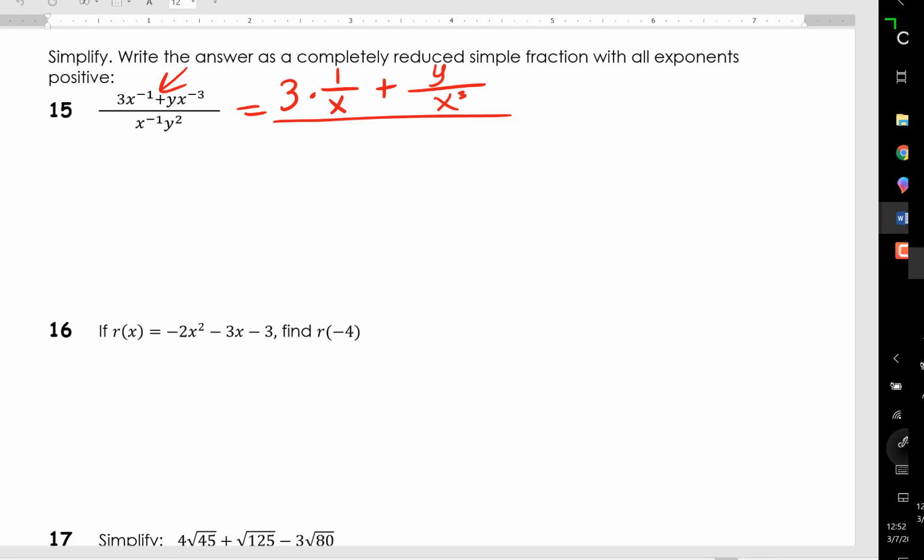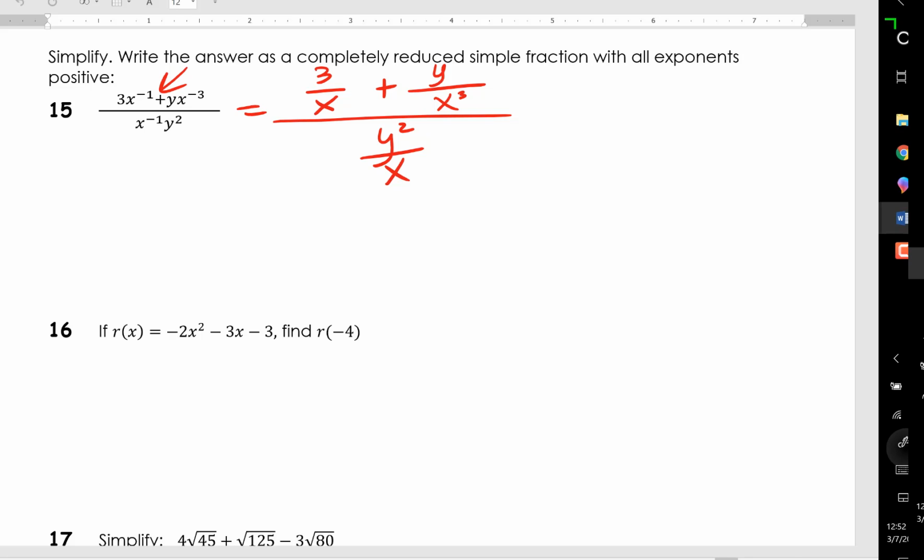And then in the denominator, you've got x to the negative 1 times y squared, which is 1 over x times y squared, which is just y squared over x. And I could have just written that 3 times 1 over x as 3 over x, because that's what it is. So that's what you have to do first before you can even start moving anything around. You've got to deal with those negative exponents.